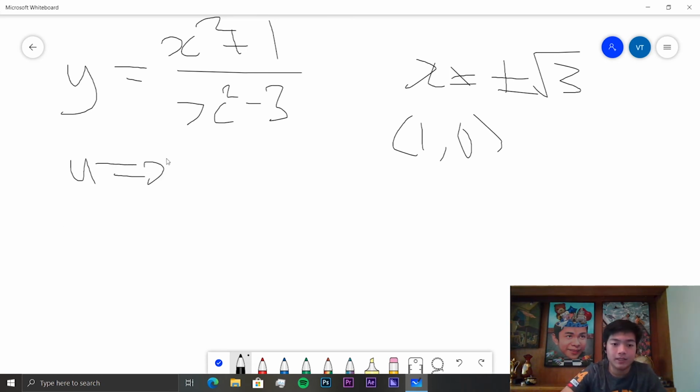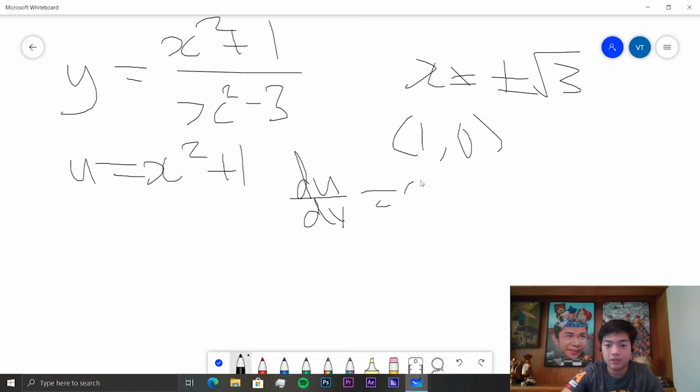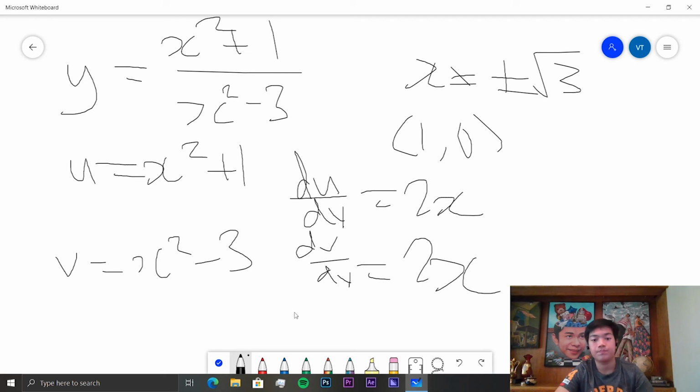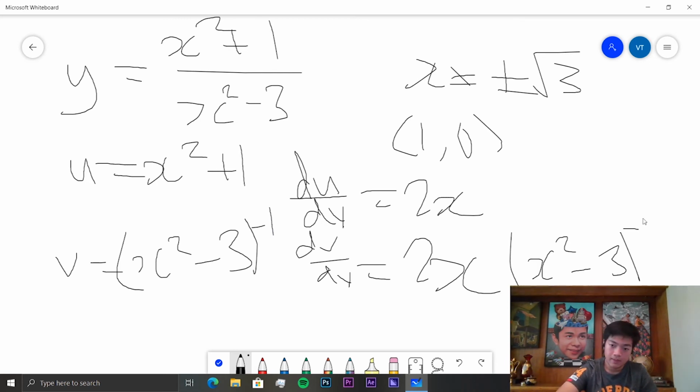U is equal to x squared plus 1. Du over dx is equal to 2x. And then we have here v is equal to x squared minus 3. dv over dx is equal to 2x again. X squared minus 3 to the minus 1, of course. And so this should be times x squared minus 3 to the minus 1. Minus 2, sorry. Actually, hold on. This would be negative 4x, sorry.